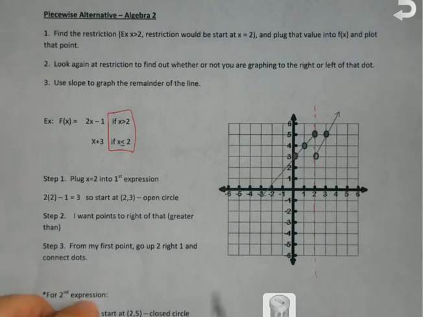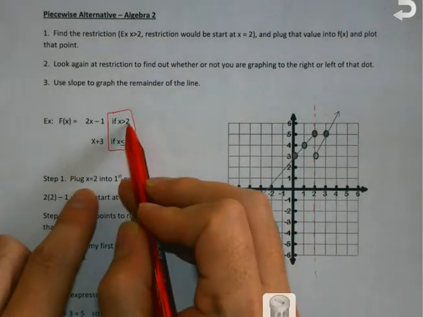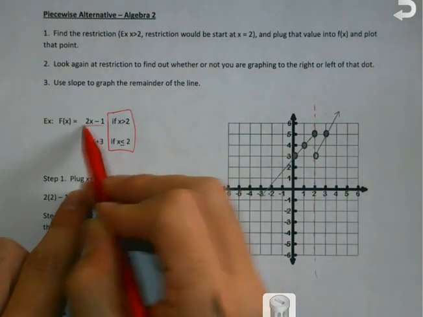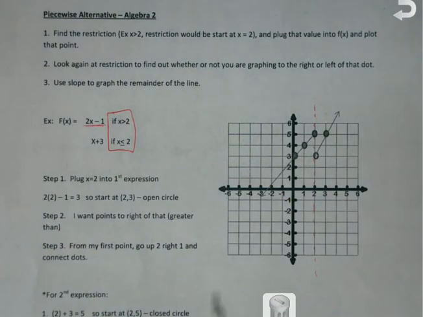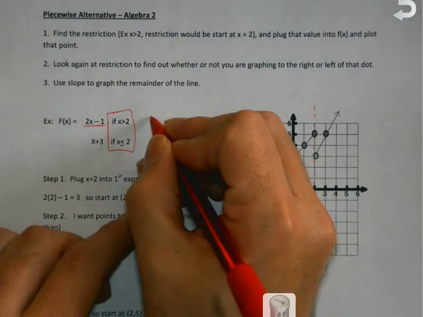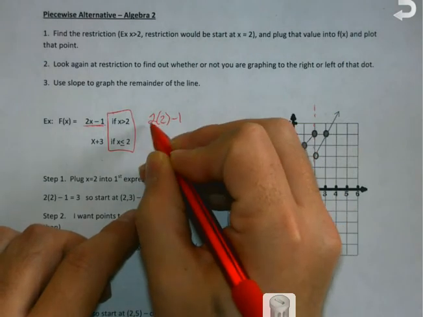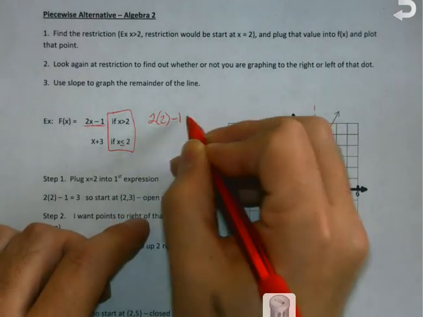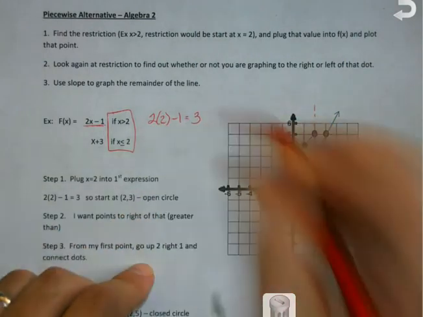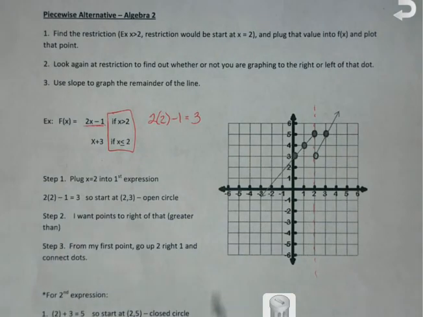So basically, here's what I've done. I said, okay, I'm going to take this 2, plug it in here, and see what answer I get out. If I plug in 2 where x is at, 2 times 2 is 4, minus 1 is 3. So here's what that means.